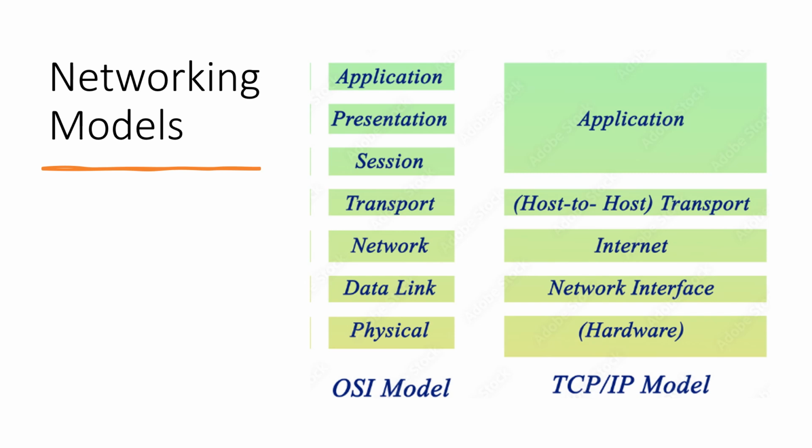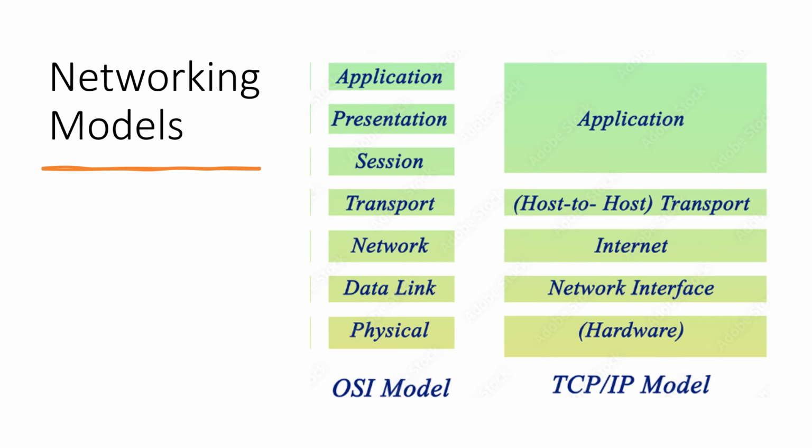The next model is the TCP/IP model. The TCP/IP model is a more practical and widely used networking model, particularly in the context of the Internet. It consists of four layers. The link layer is equivalent to the combination of the OSI model's physical and data link layers, and deals with the physical connections and access to the network medium.